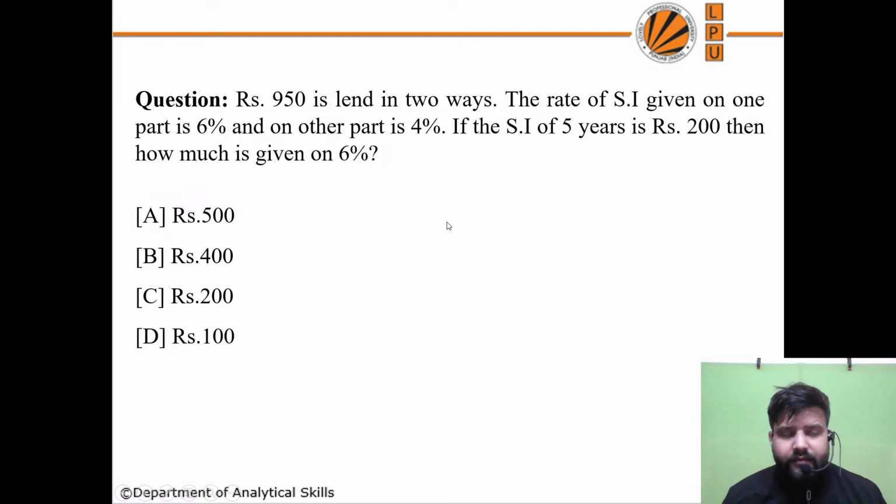When nothing clicks, frame the equation always. And sometimes you can solve a question using options also.